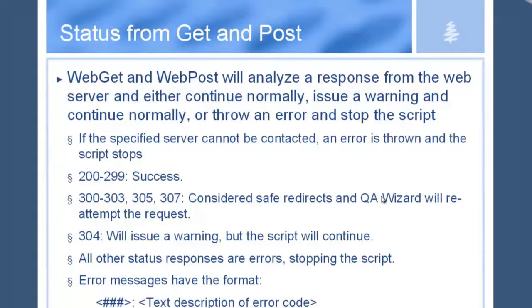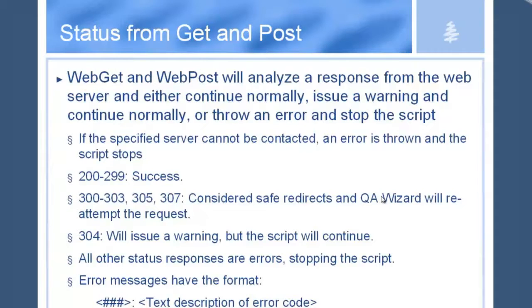If it's in this lower 300 range, those are all various forms of redirecting, and we consider all of those safe, and we'll just, again, continue on with the request and re-request the page with the new URL that was returned to us. A 304 is another kind of response that says we should use the value in our cache.